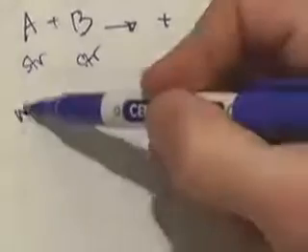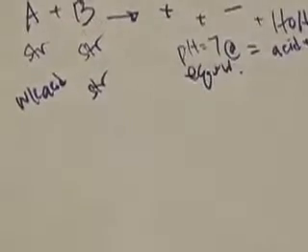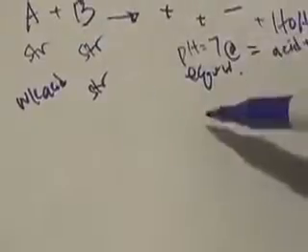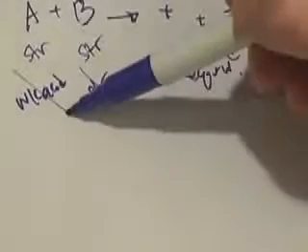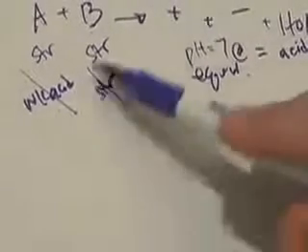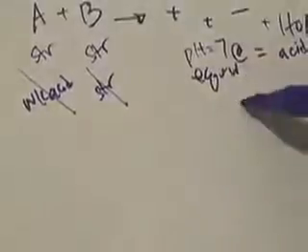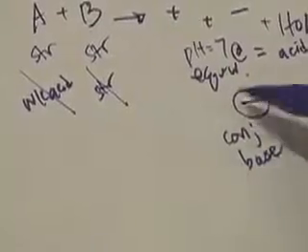Now, if we have a weak acid and a strong base, when you reach the equivalence point, all of the base will be gone, all of the weak acid will be gone. But remember, once the weak acid is used up, it's going to break up and form a negative ion over here that will be its conjugate base, which forces the solution to be slightly basic at the equivalence point.